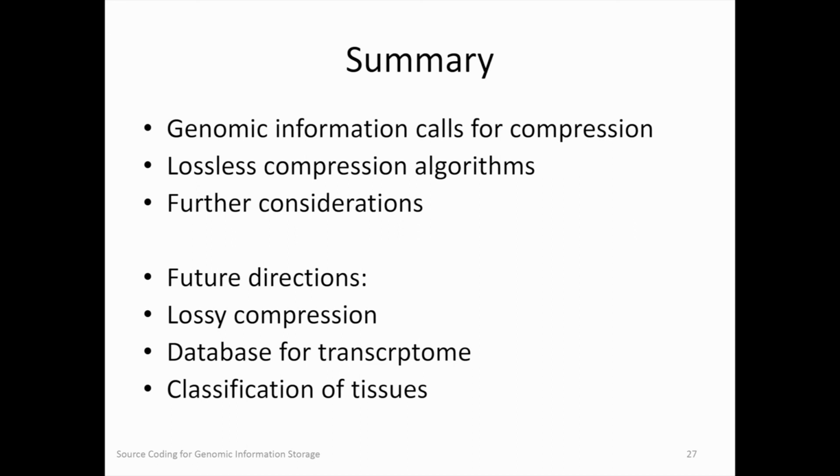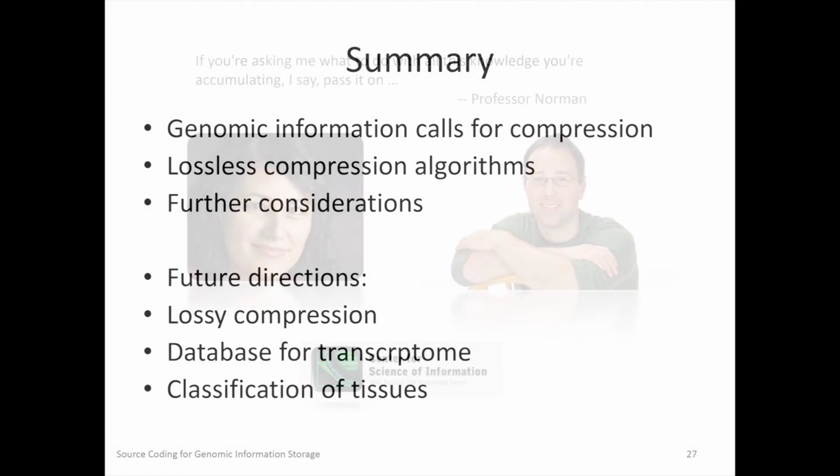Also, it would be very nice to be able to build a database for the transcriptome. This can be used for biological purposes, but from the compression point of view, it will help us to further reduce the size of the files. And lastly, it would be nice to be able to classify different tissues, for example, tissues from different organisms, or tissues from cancer cells or healthy cells.